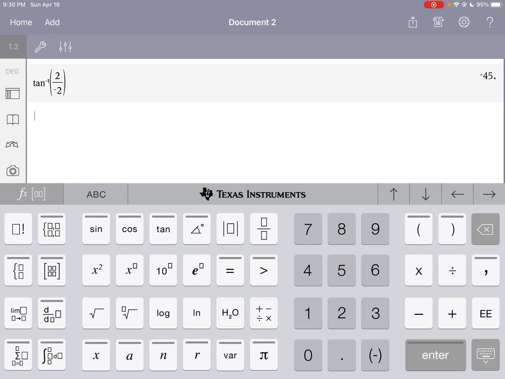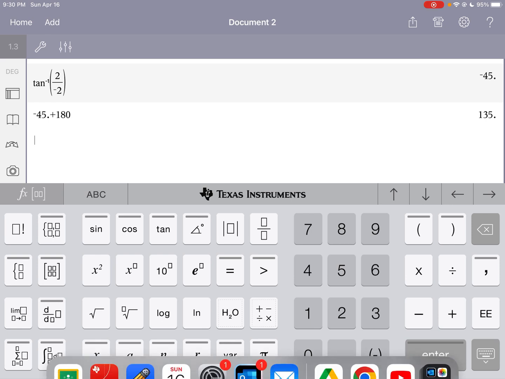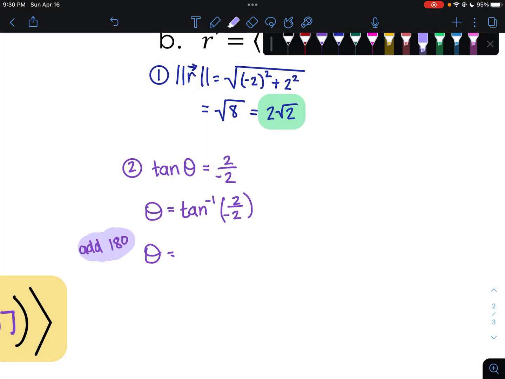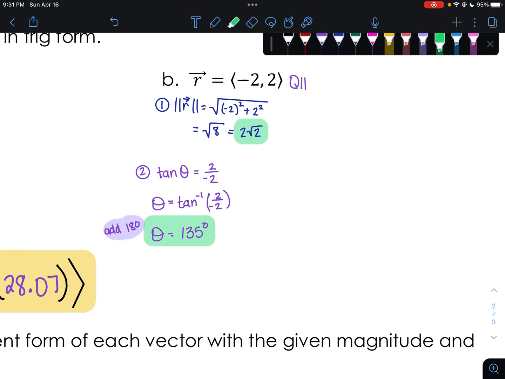That is not my answer. I have to add 180. When I add 180, I get 135. That angle falls within the second quadrant. That is my answer: 135 degrees. And I will need that to write my vector into trig form.